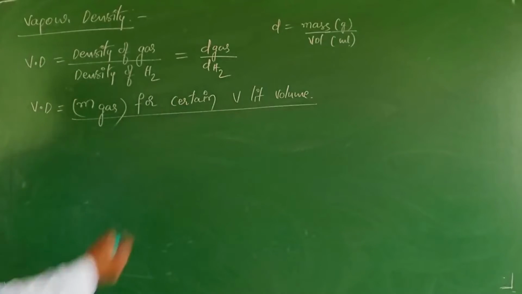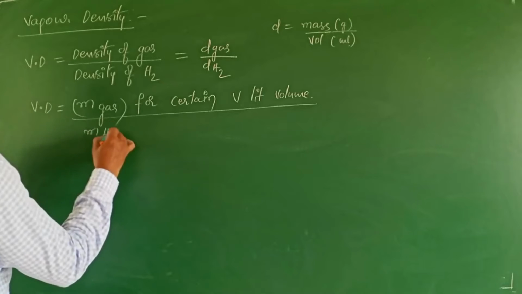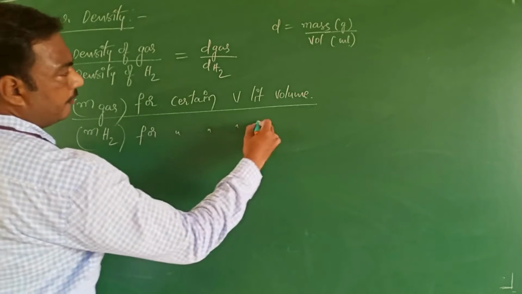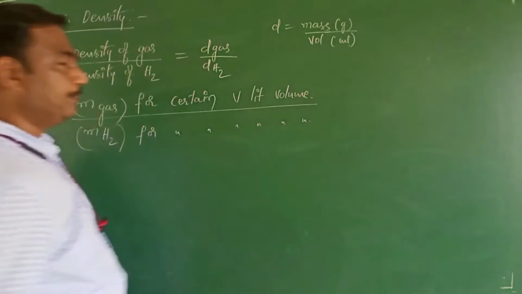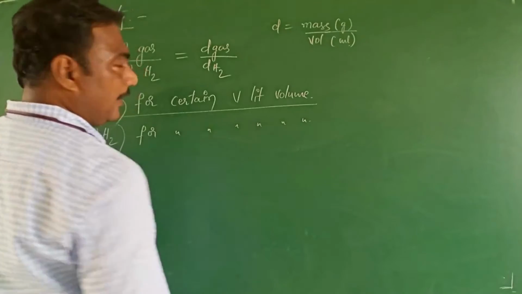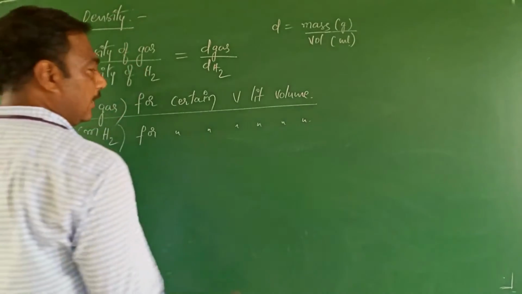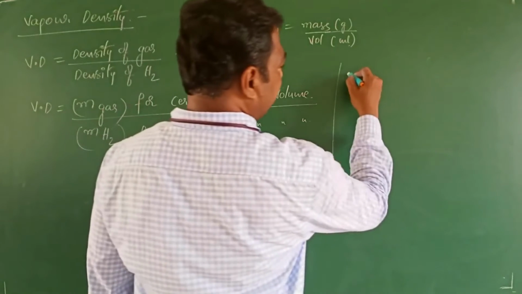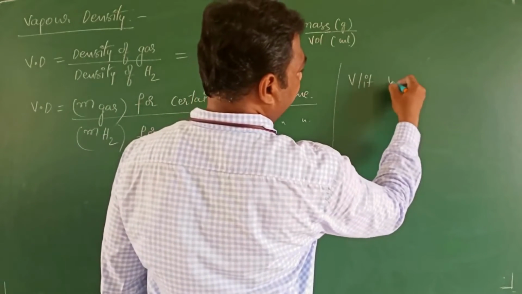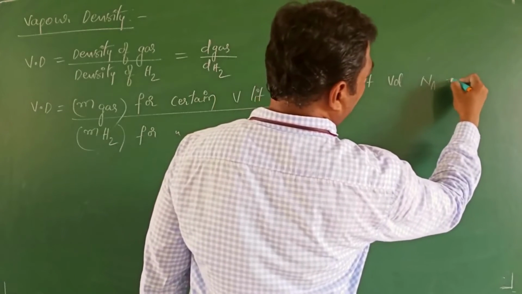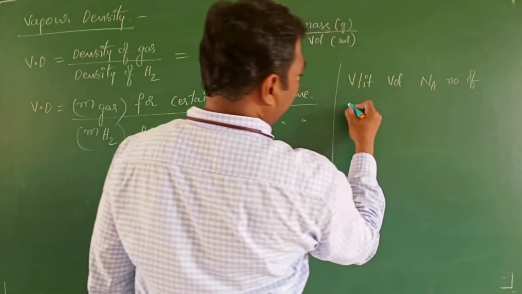We are taking some V liter. Now, let us assume that in this V liter volume, Avogadro number of molecules are present.